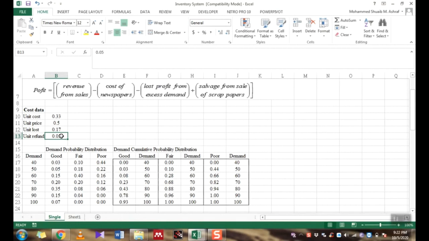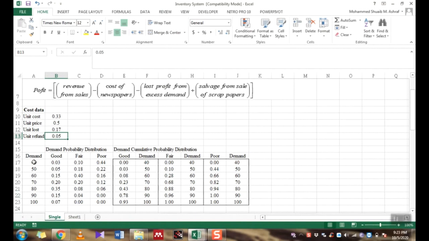But some day demand is less, like 60, and he has 70 papers. So at the end of the day he will be left with 10 newspapers that he will have to return, with a value of 5 cents only.